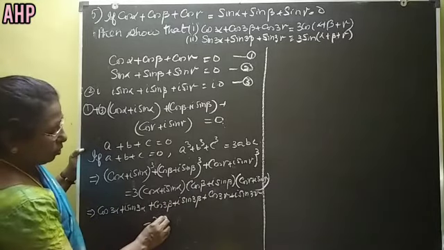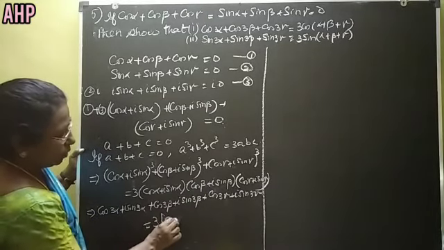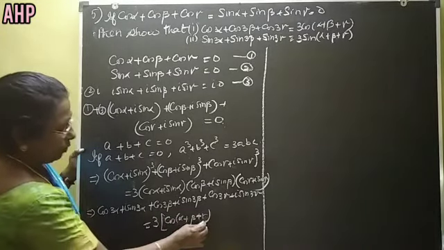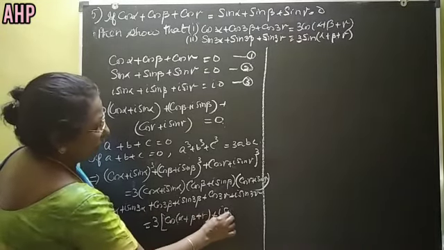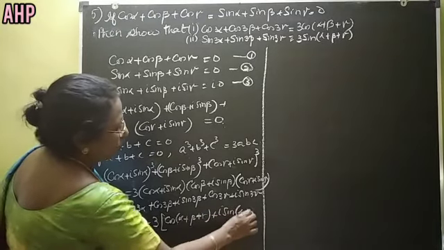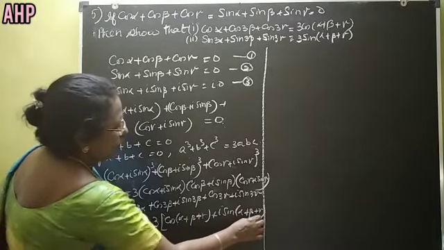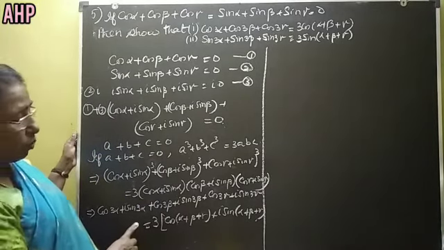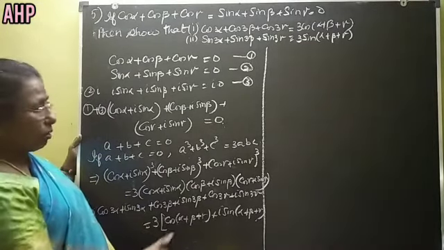So this is equal to 3 into cos of alpha plus beta plus gamma plus I sin alpha plus beta plus gamma. Argument of Z1, Z2, Z3 is equal to argument of Z1 plus Z2 plus Z3.